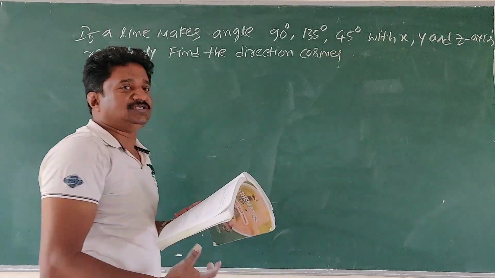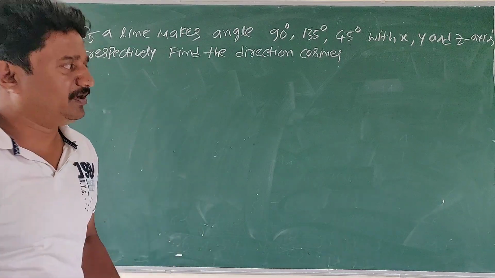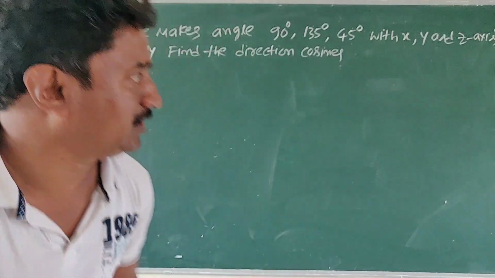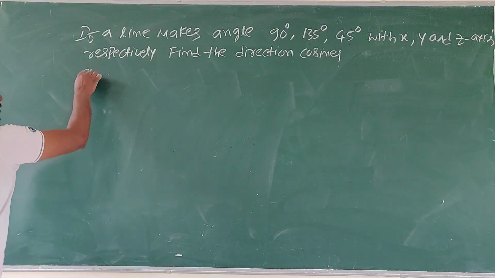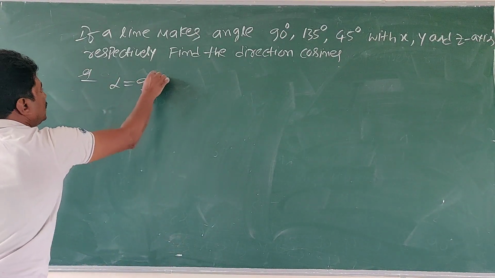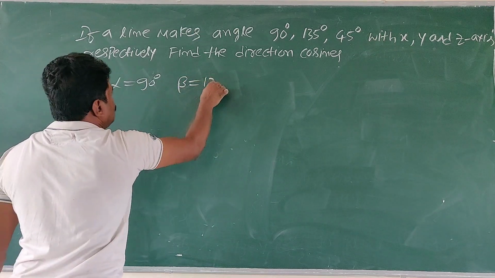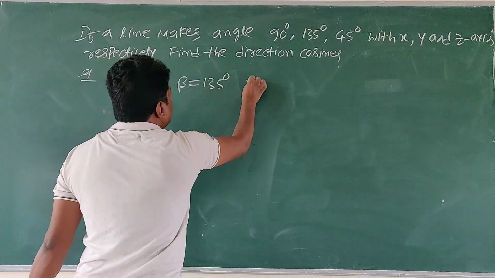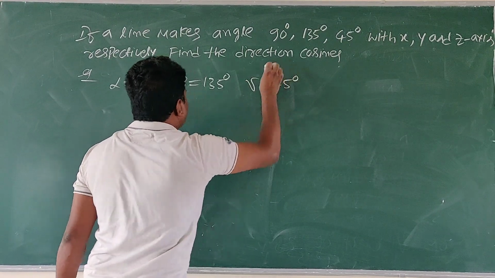Same, students, alpha, beta, gamma are given. Solution. So alpha equals 90 degree, beta equals 135 degree, gamma equals 45 degree.